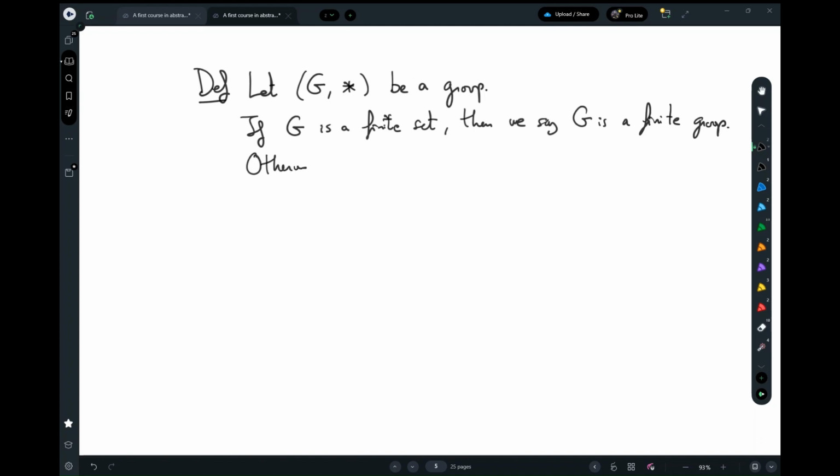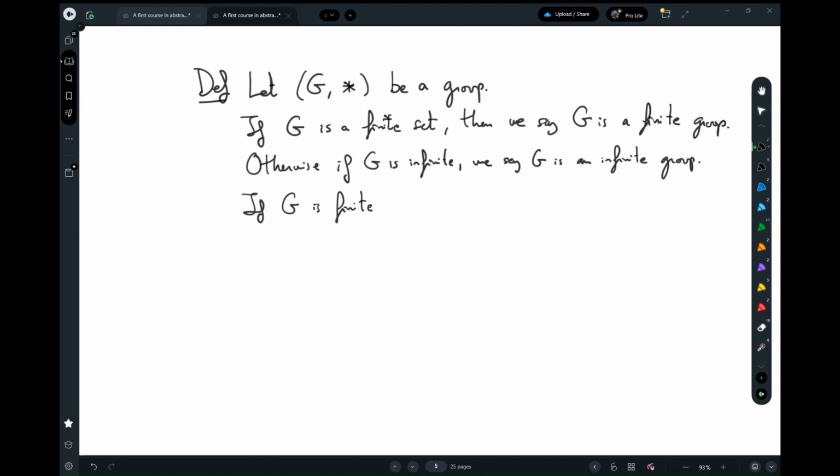Otherwise, if G is infinite, we say G is an infinite group. If G is finite, the order of the group, the size of the group if you want, hashtag G, is called the order of the group.